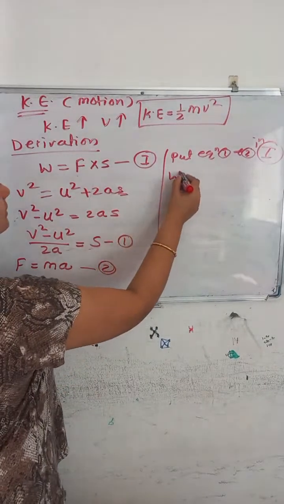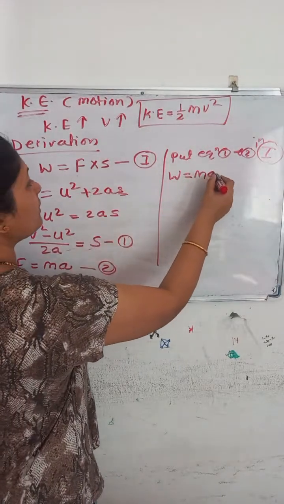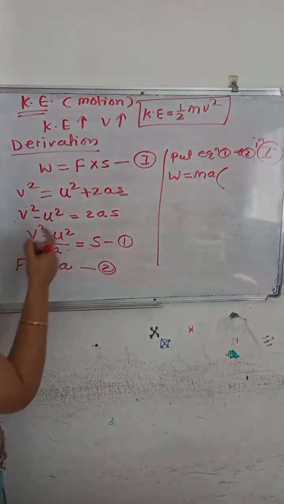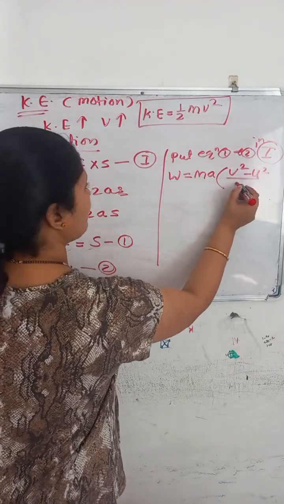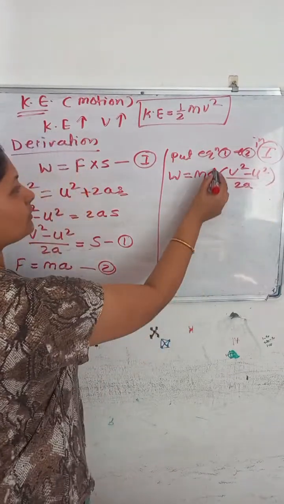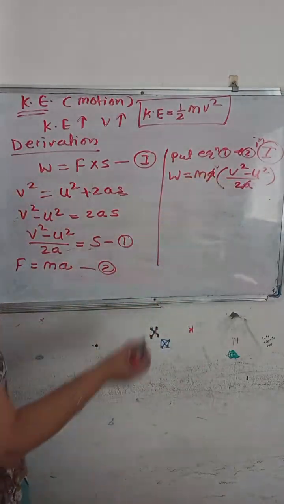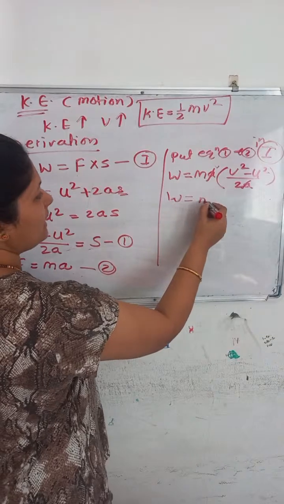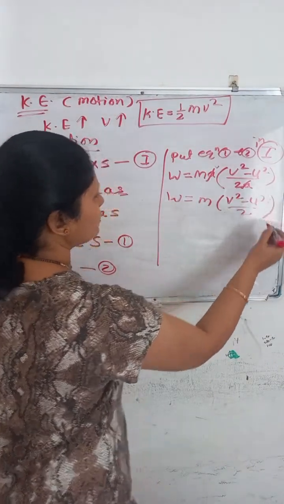Work done is force, which is m into a, times s, which is v square minus u square divided by 2a. This a and this a get cancelled because there is a multiplication. So what will remain here is m times v square minus u square divided by 2.